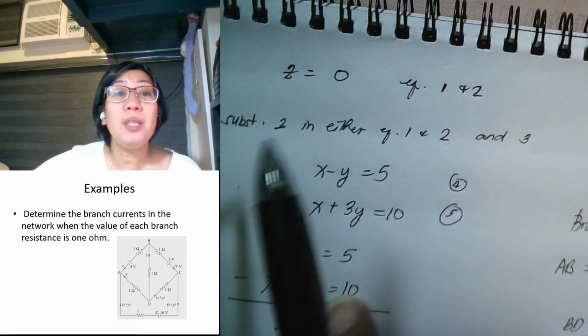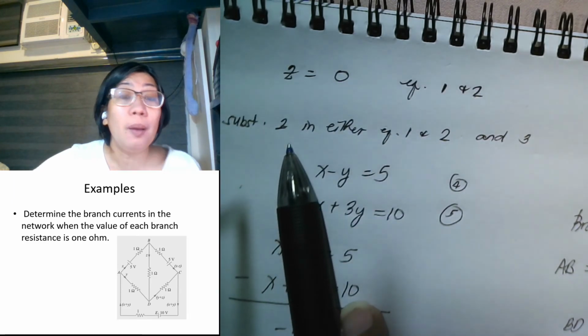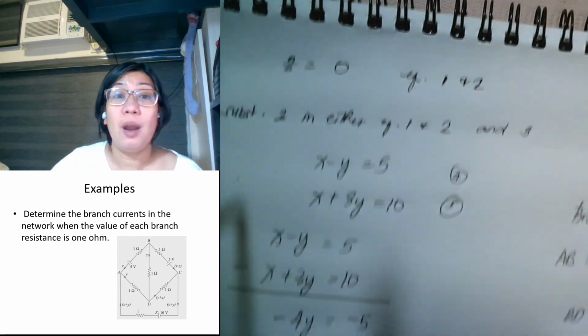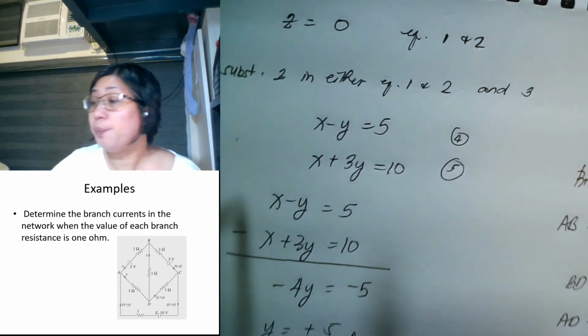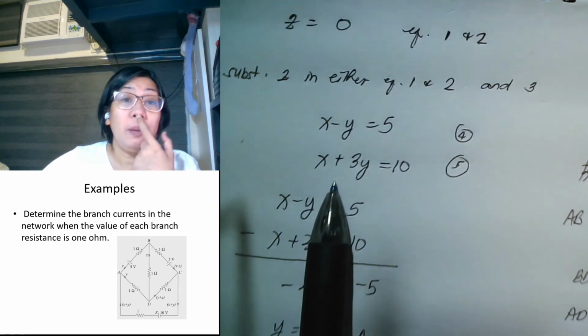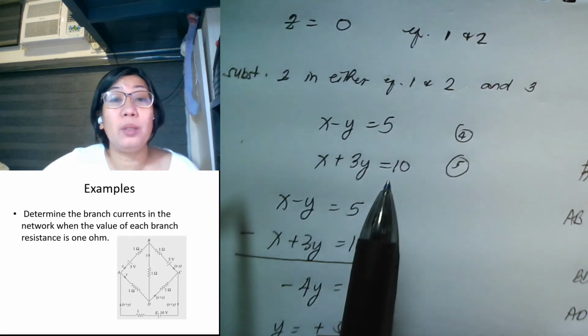Okay? So, substituting into either 1 or 2, we can have X minus Y is equal to 5 and X plus 3Y is equal to 10.